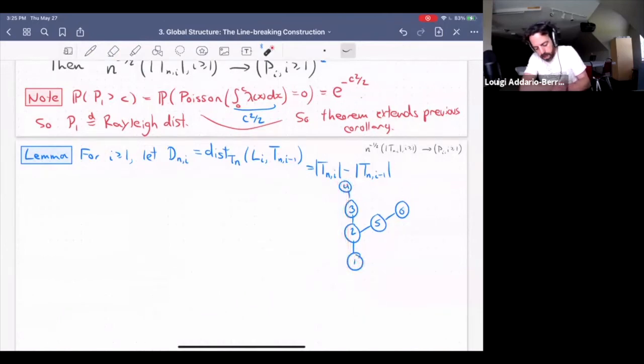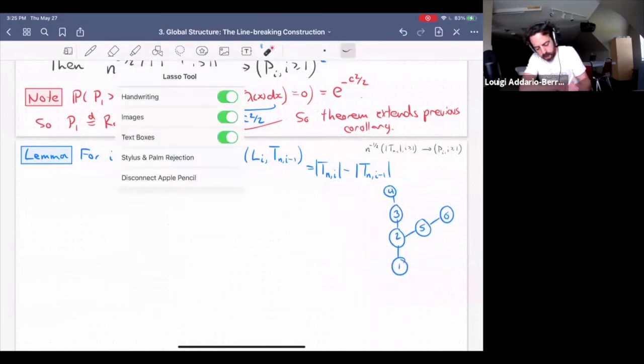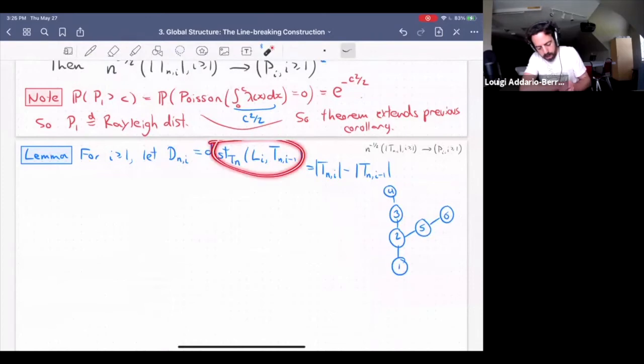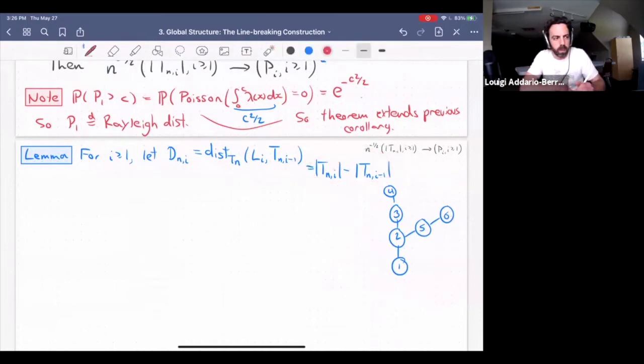And the distance from the second leaf to the first tree is 2, so dn2 would be 2. Indeed, computing the distance to the next leaf at each step is the same as computing the number of vertices that get added when we continue the bijection up to the next repetition. So it tells us the difference in those two subtree sizes.